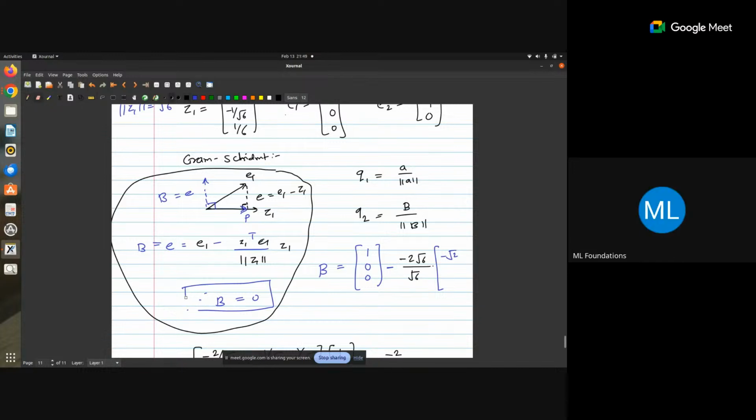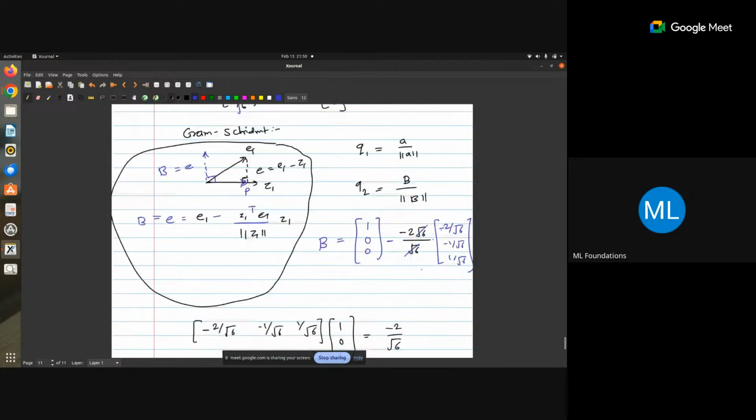Fine, I'll remove this part so that we can understand it better. Now this is minus 2 by root 6, minus 1 by root 6, and 1 by root 6. The root 6 terms may get cancelled.